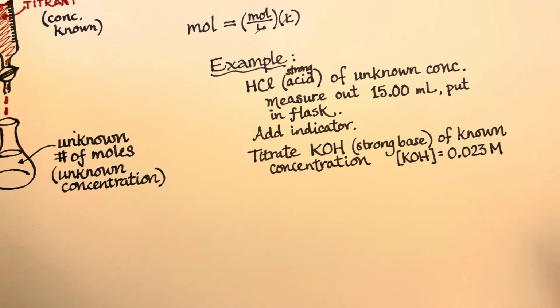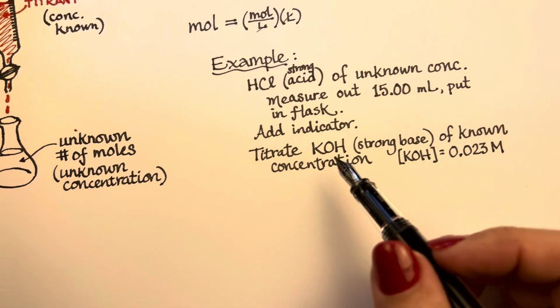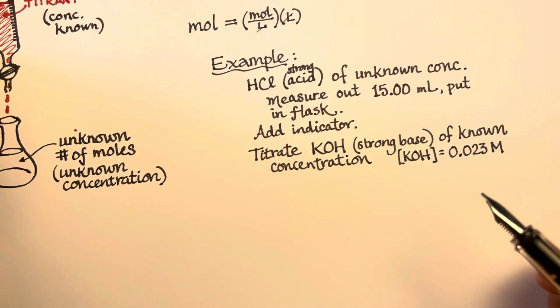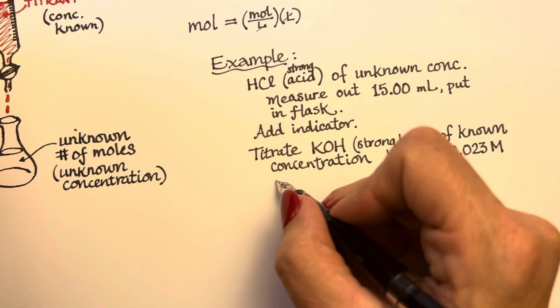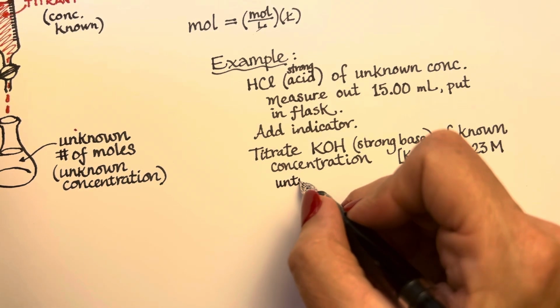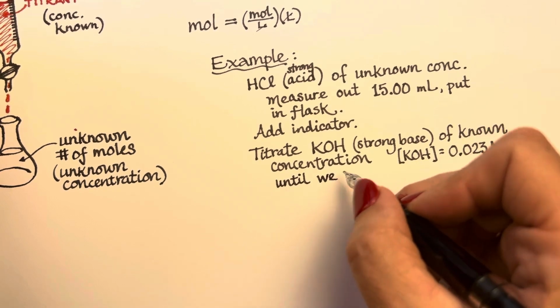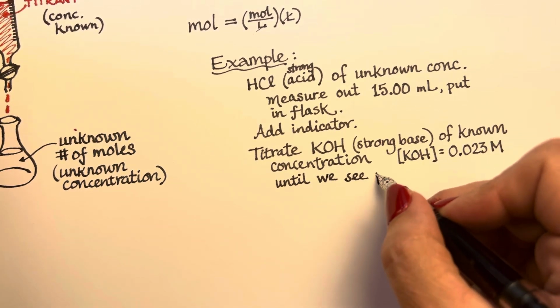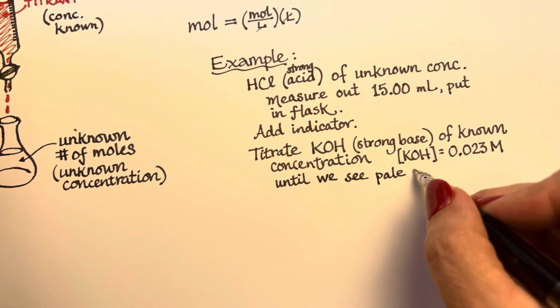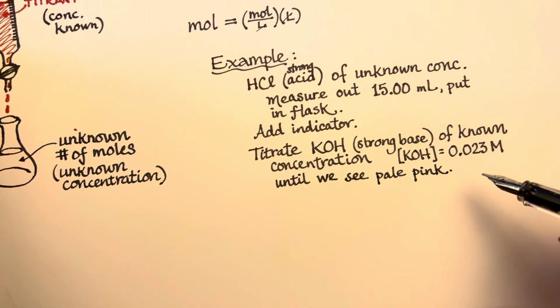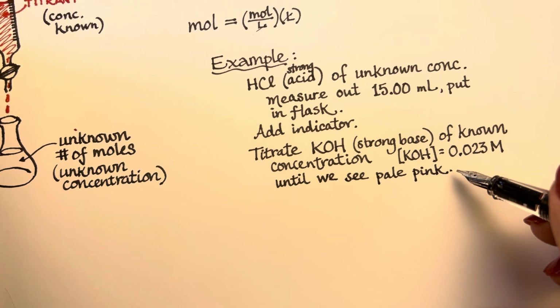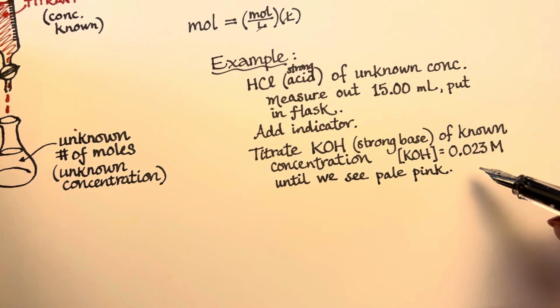Okay. So now we are going to titrate until we see pale pink. Now, note that if you use another indicator, not phenolphthalein, the color change will be different.